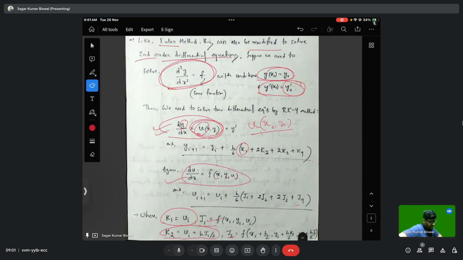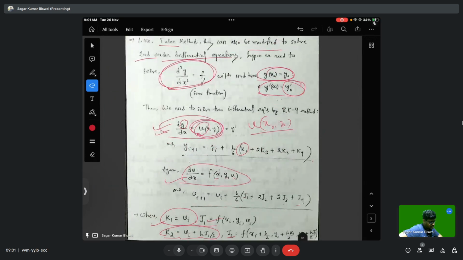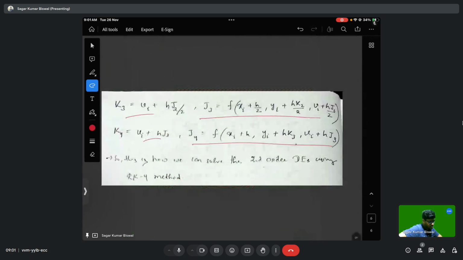These K1s are the values, and they don't have these yi values. First you have to find what is K1, and then from that you will find what is J1. Let me show you the code, and from that code it will be more evident what is happening here.